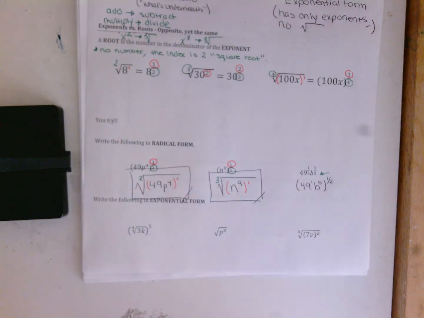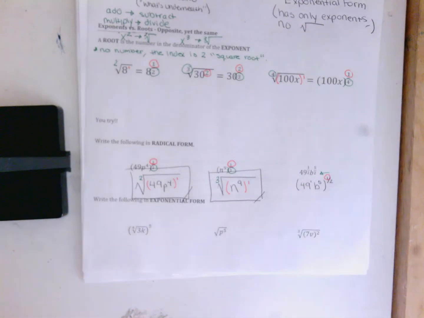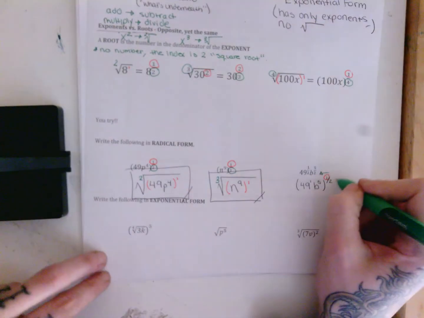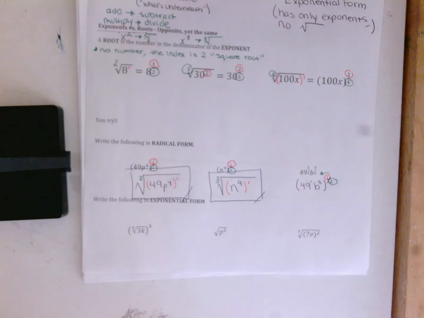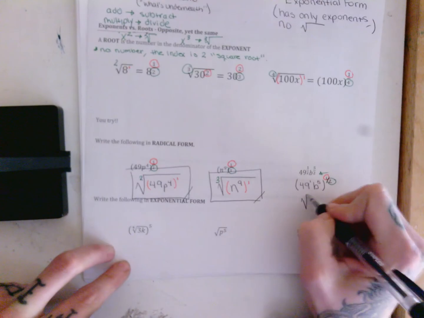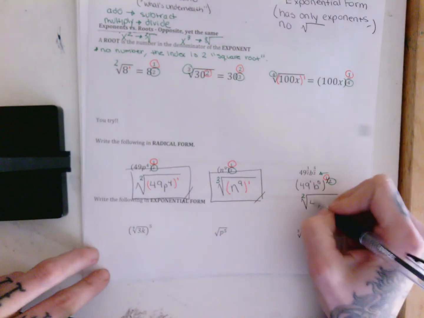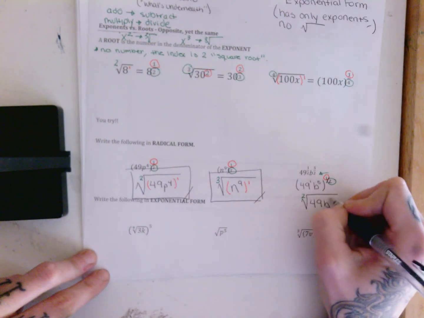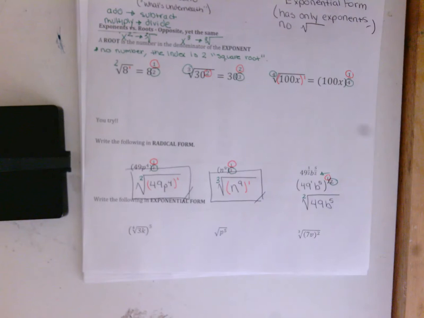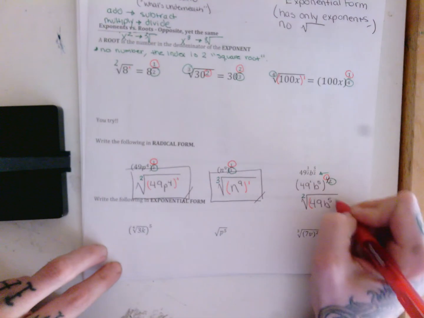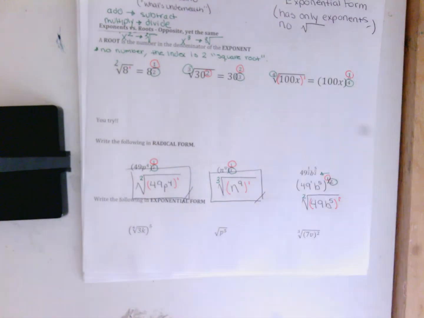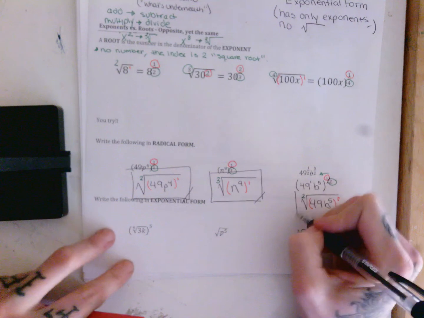So here I have my power and my root. Here I could say this is a square root. I don't have to write the 2. And then here's my radicand. And I could say that the whole thing is to the power of 1.